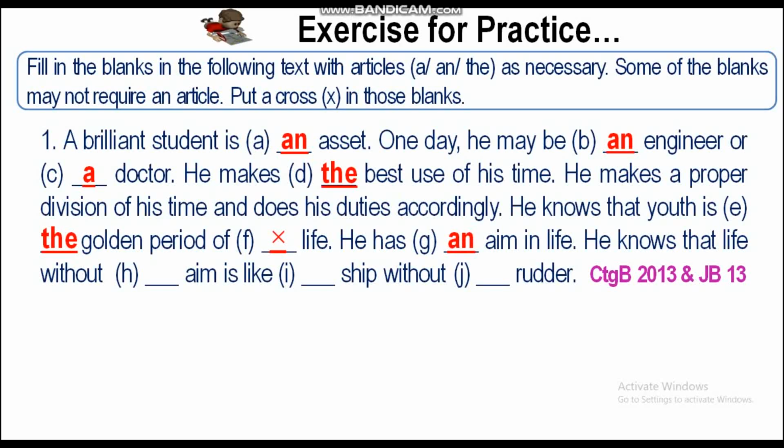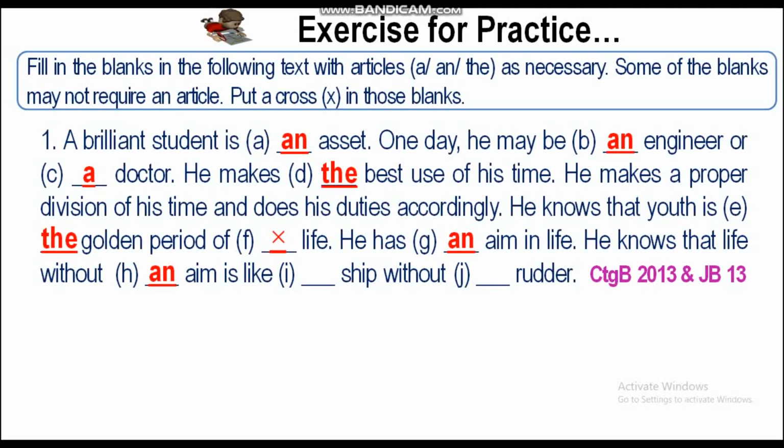He knows that life without dash aim. Here the blank number H is the same as blank number G. That is, article an will be used in this blank. Aim is like dash ship without dash rudder.